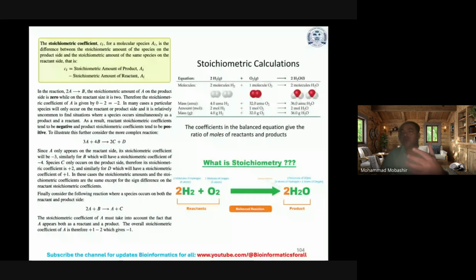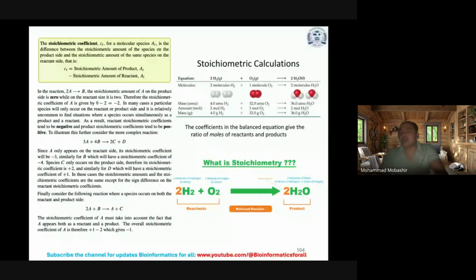So you need to be very clear what stoichiometry is. Then you just go for any simple chemical reaction, and then think about it. What is the number of molecules? What is the number of moles? What is the number of atoms? And what are the reactants? What are the products?